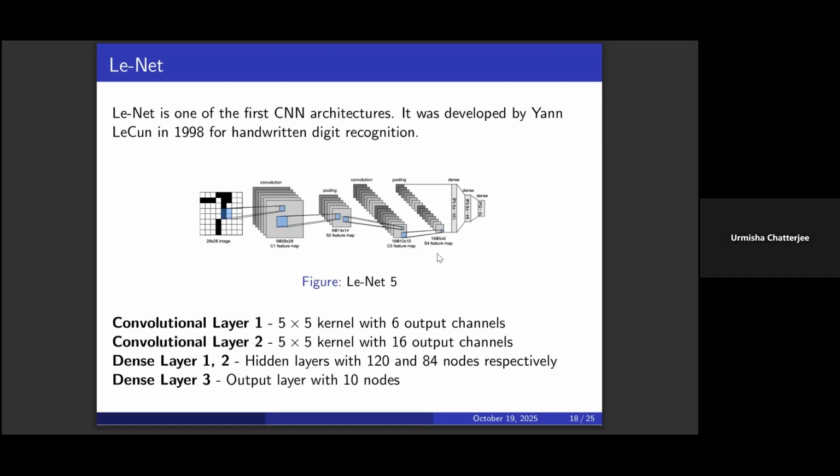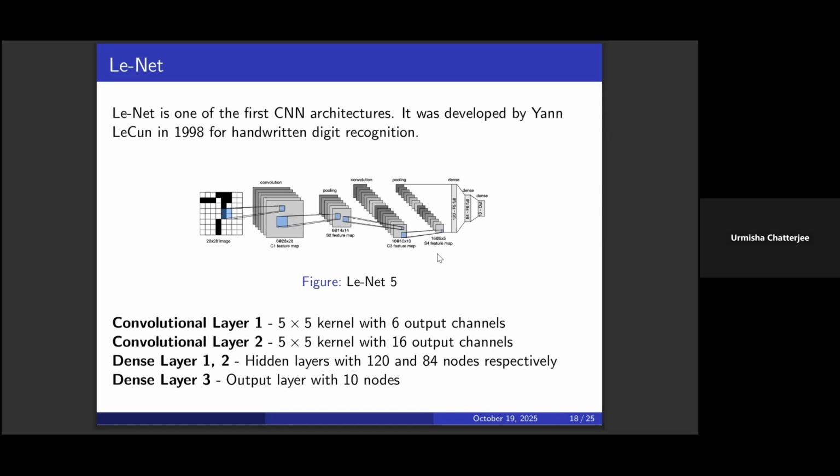So let me say a few more things. He was using this for two-dimensional images, but of course you can generalize this for multiple input three-dimensional images. What he used was, for the first convolutional layer, a 5 by 5 kernel with 6 output channels, and for the second convolutional layer a 5 by 5 kernel with 16 output channels, and each convolutional layer was followed by a pooling method, an average pooling.